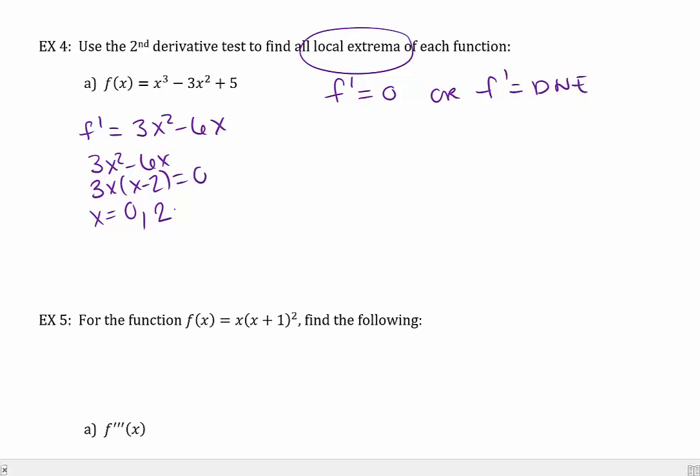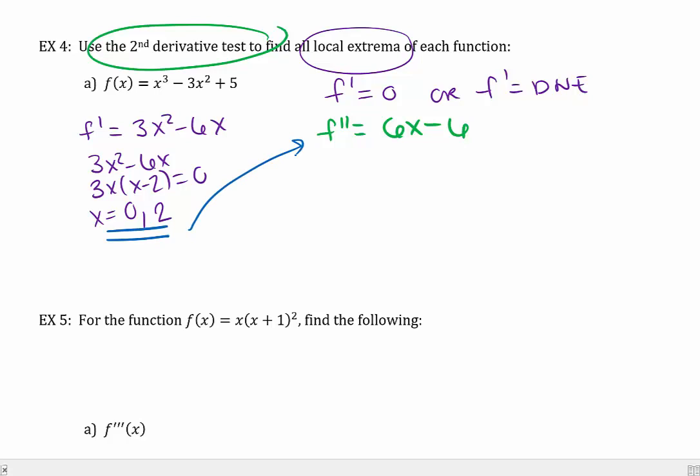In the past, we made a number line and analyzed where the function was increasing or decreasing. The second derivative test says we are instead going to find the second derivative, which would be 6x minus 6. And then we're going to take each of our critical points and plug them into that second derivative.